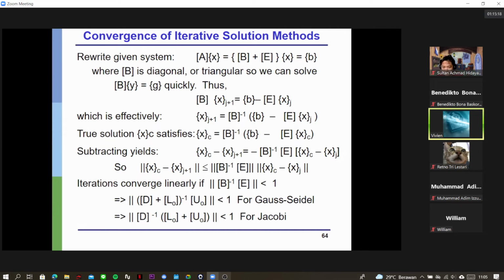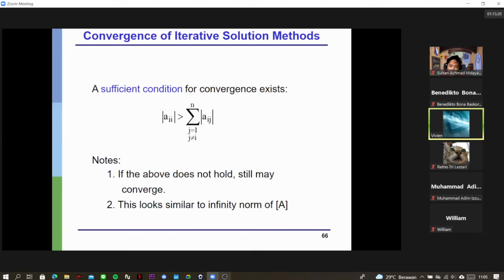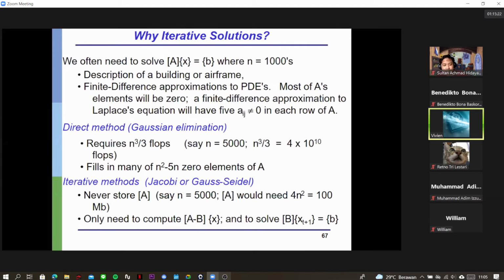This is about the convergence. So I think we will see the comparison here between the direct methods or elimination methods, as in Gaussian elimination or LU decomposition. Basically it requires of the order of n to the power of 3, where n is the number of unknowns or the number of equations.